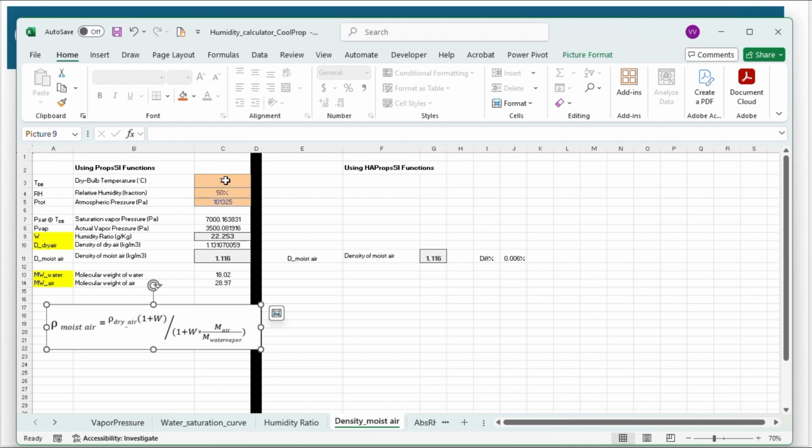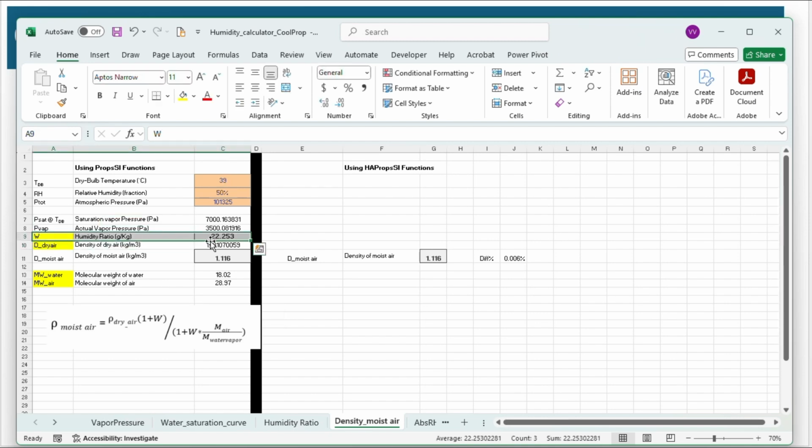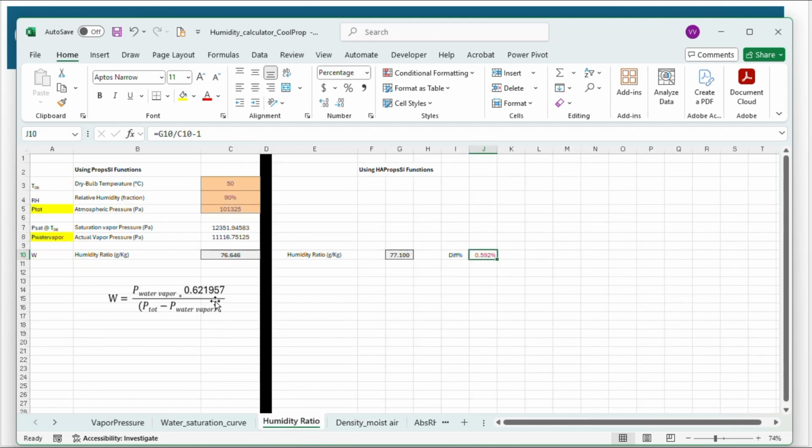And the first thing is calculating the humidity ratio. You calculate the humidity ratio just like we did in the previous step by calculating the saturation pressure, then calculating the actual pressure, and then using the humidity ratio equation using the partial pressure of water vapor.